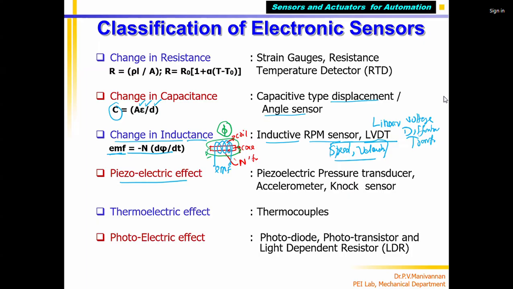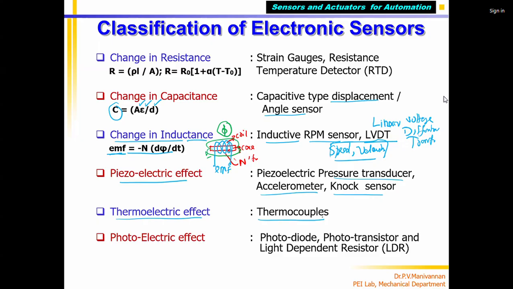When you vary 0 to 100 Newton force, or 0 to 100 bar pressure, or 0 to 100 Newton meter torque on a piezoelectric crystal, it produces a charge proportional to this. These are called piezoelectric sensors. They are used for measuring pressure, engine knock, and acceleration, as in an accelerometer.